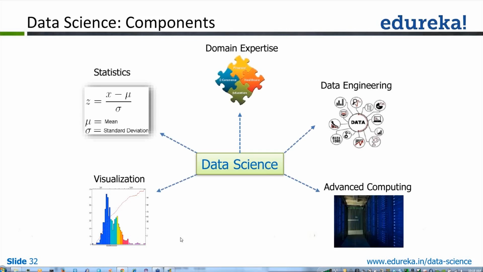He's supposed to understand how the data is stored in the backend, how we manage it in a Hadoop cluster, how we analyze it using machine learning and statistics, and ultimately how I visualize it so that I can present it to my top-level management. Okay, so all these aspects are expected to be understood by a data scientist. So he's like the jack of all trades.